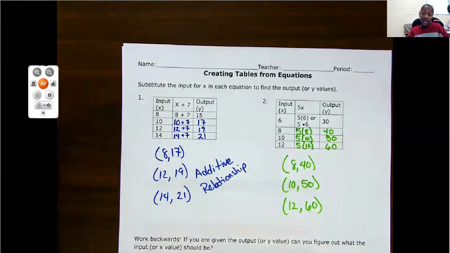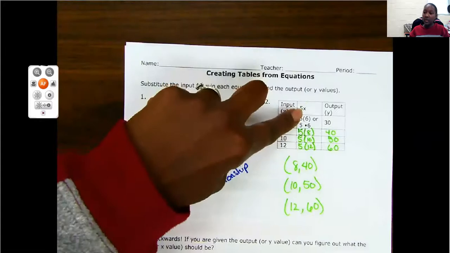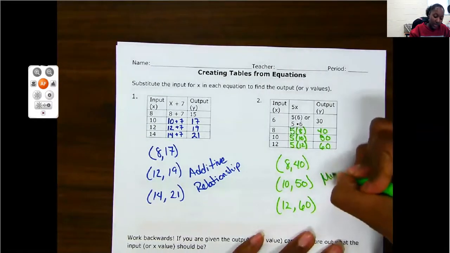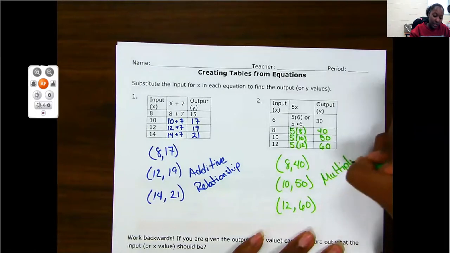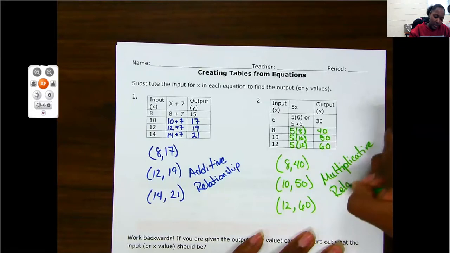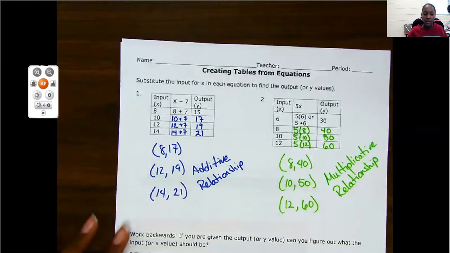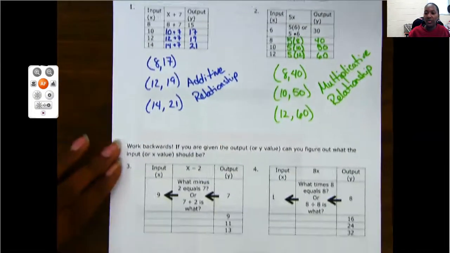Now, because I used multiplication to solve for these, I'm going to label this as my multiplicative relationship. I know, guys, it is a big word. That just means that you multiplied or you divided, okay? But just so we're bringing in that vocabulary so that way we know what it means, okay?